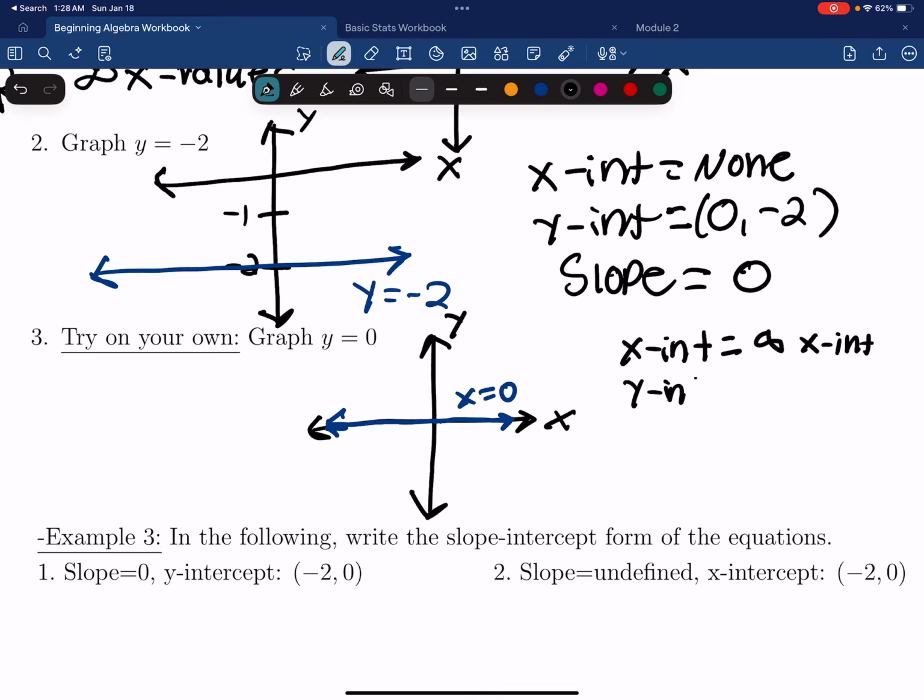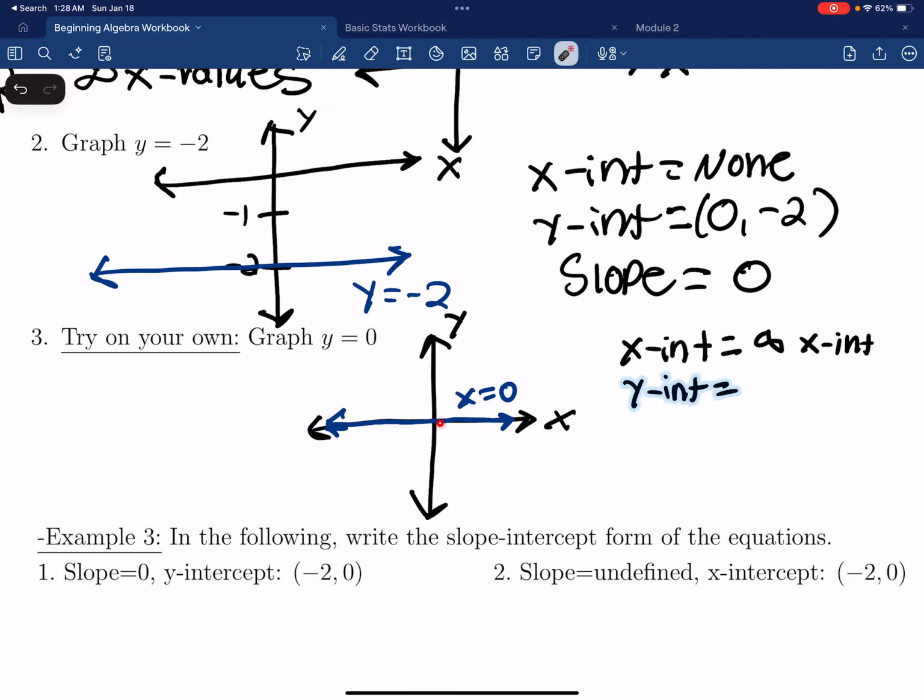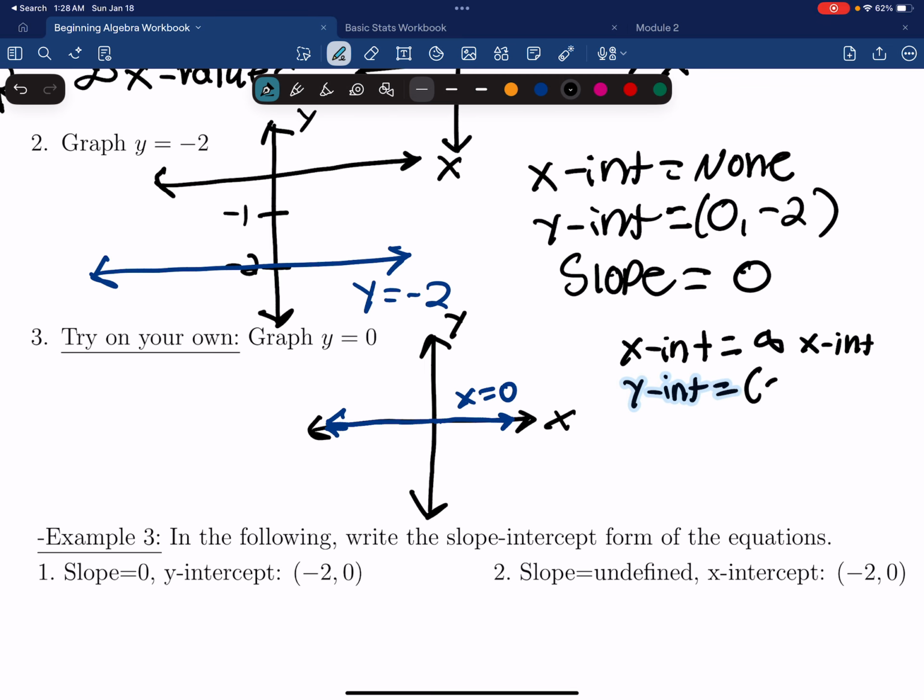Now for y-intercepts, this graph crosses through the y-axis at the origin, which, recall, the origin of the xy plane is the point (0, 0). And then for our slope, because this is a horizontal line, our slope is 0.